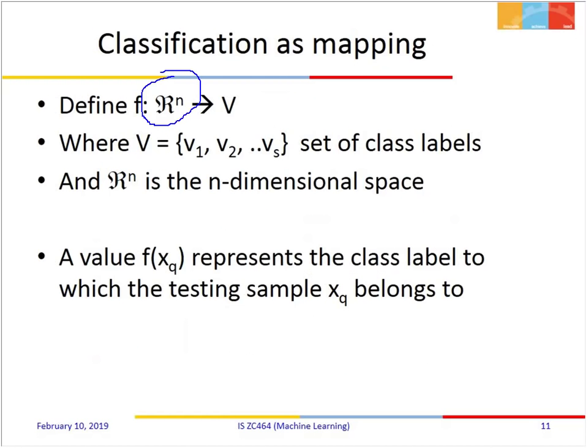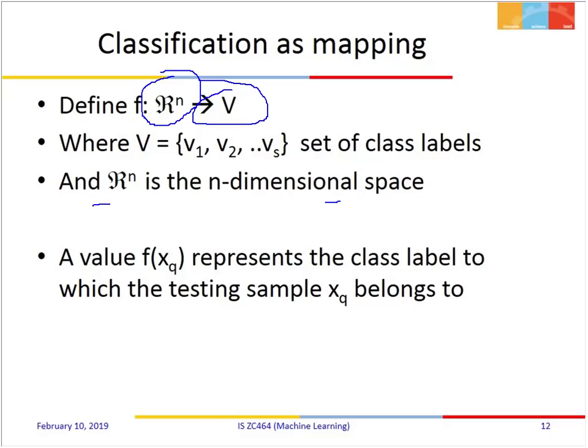So it is a function from Rn space to V, where V is the set of values V1, V2, etc. It is a set of class labels, and Rn is the n-dimensional space.